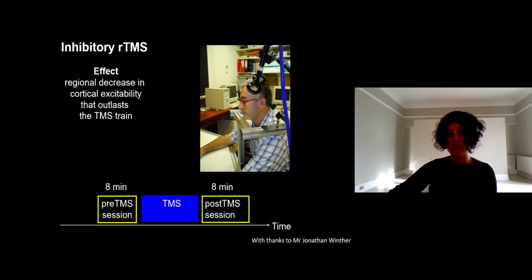Now, let's go back to the hypothesis that ocular proprioception plays a role in visual localization. We use transcranial magnetic stimulation to test this hypothesis. The task is the same task that I presented before.